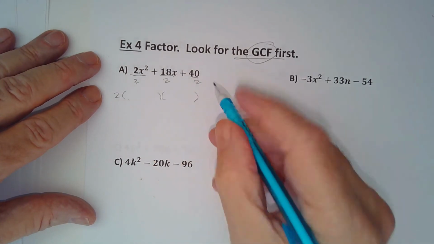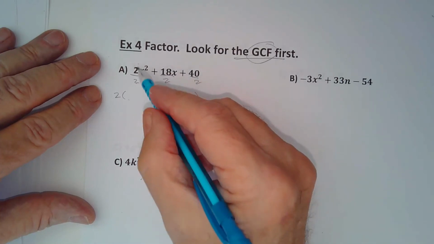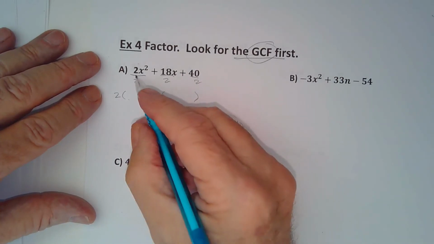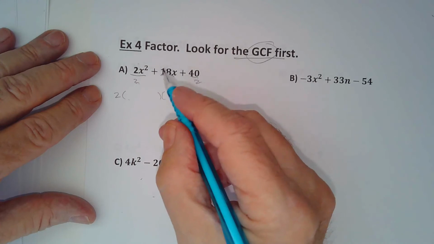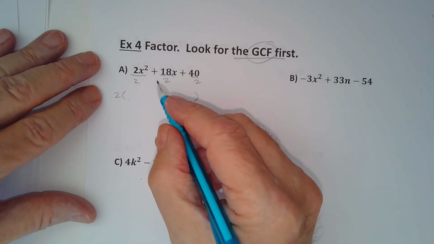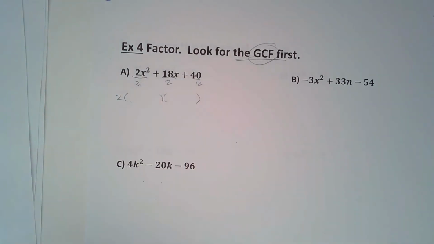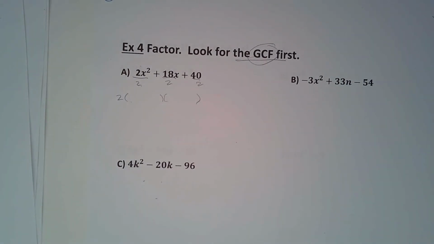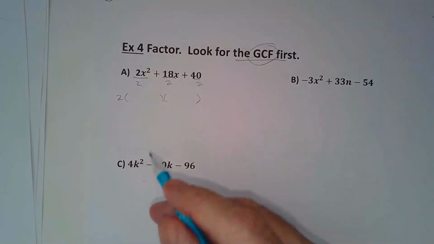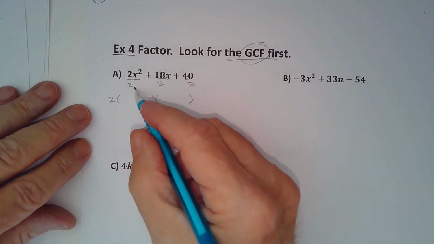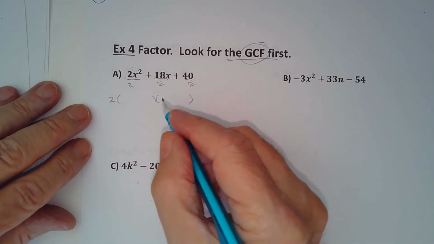Now we're going to do the double bubble thing. So I'm going to write, trying to put that underneath. So 2 divided by 2, it leaves me with x squared, right?